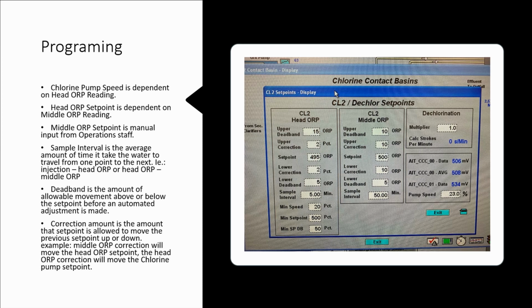That's the amount of time it takes to go from the head ORP to the middle ORP on an average flow. And then on the head ORP, from the point that we're injecting the chlorine to the point that ORP sees it, I think it's actually 5 minutes, 45 seconds or something like that on an average flow day.